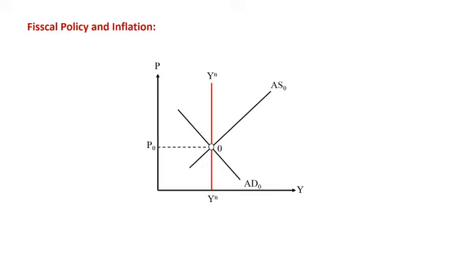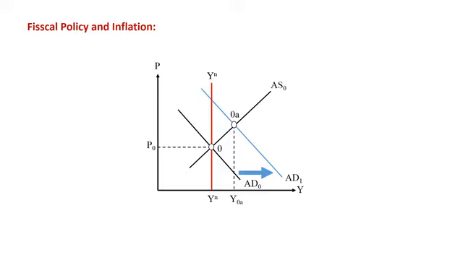The increase in public spending brings the aggregate demand curve to AD1 and the economy shifts to point 0A. The output realized at this point, Y0A, is above the natural production level Yn.